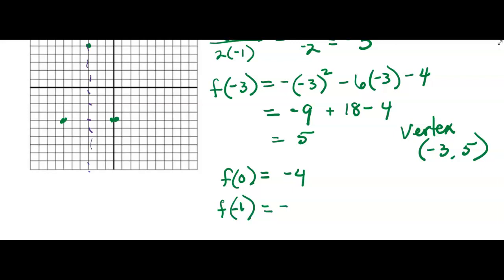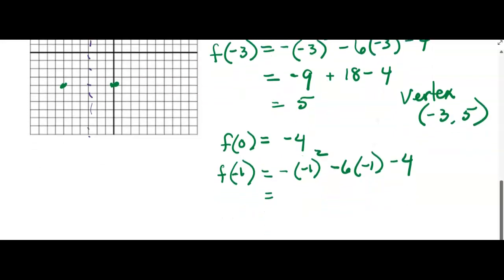I would have negative 1 squared minus 6 times negative 1 minus 4, just plugging it into the function. That's going to give me negative 1, because this part's positive, but you've got the negative in front, plus 6 minus 4. So that is 1. I'm getting a 1.